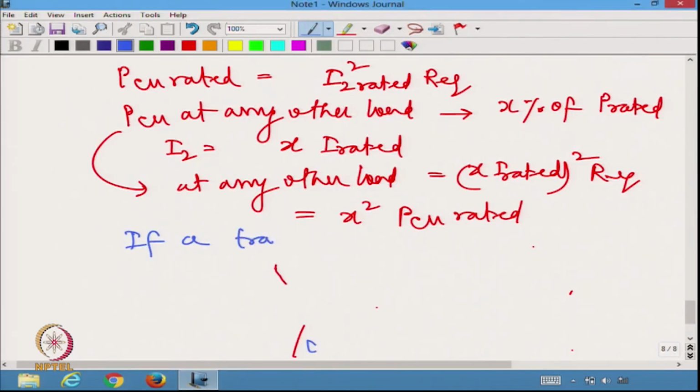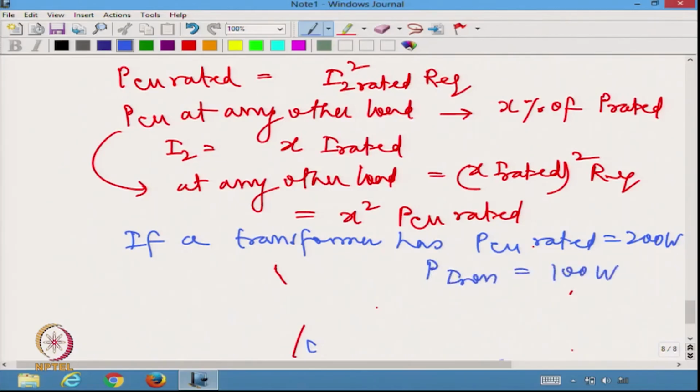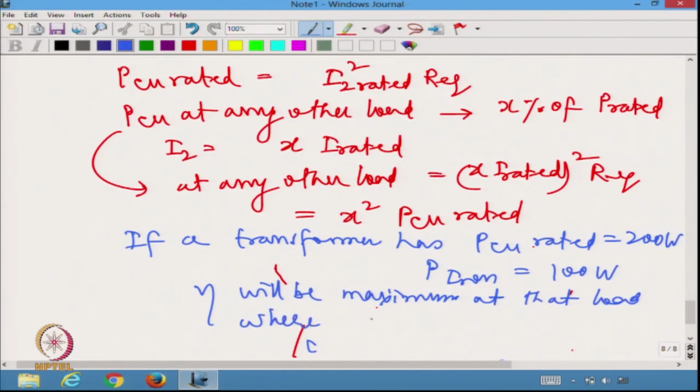So, I can say if a transformer has PCU rated to be 200 watts and P iron to be 100 watts, efficiency will be maximum at that load where PCU at any other load equals 100 watts.